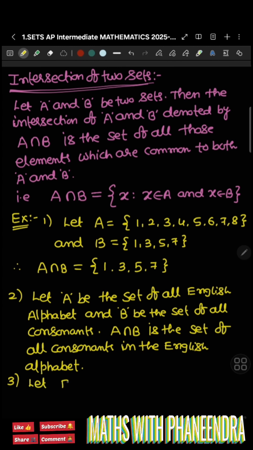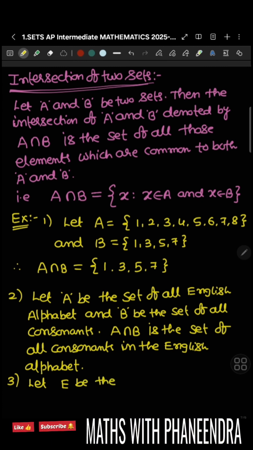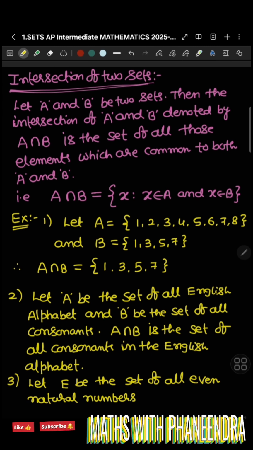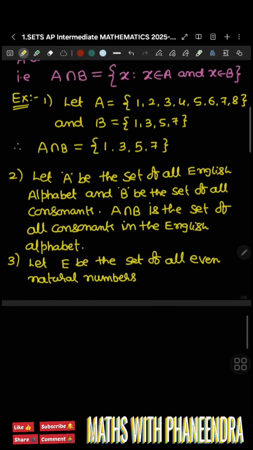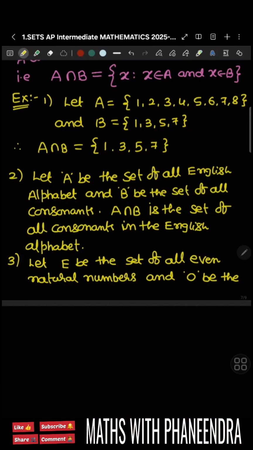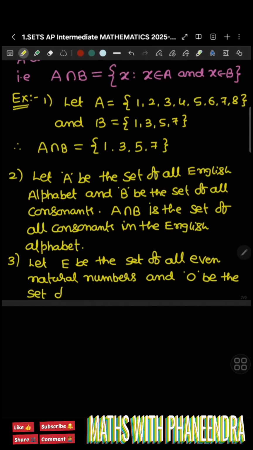Let E be the set of all even natural numbers and O be the set of all odd natural numbers.